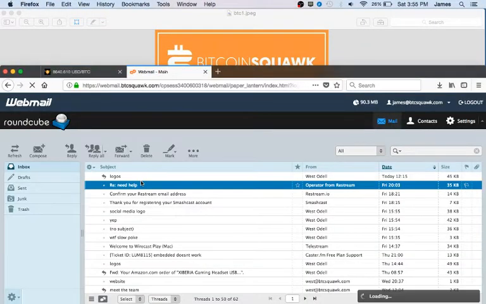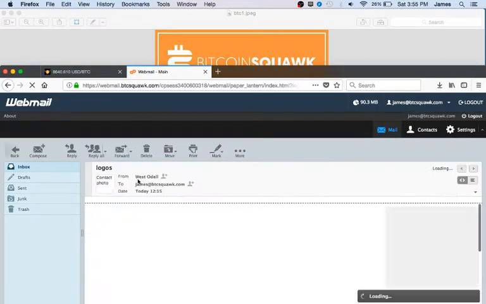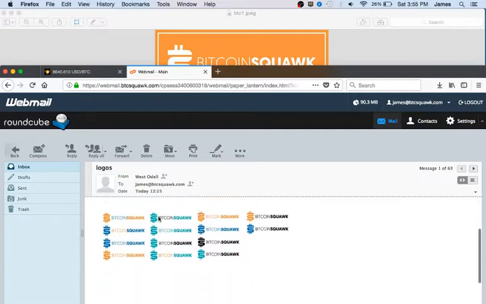Let's take a look at these logos, ladies and gentlemen. I think I like the orange. Or the blue and orange. The first one, top left.